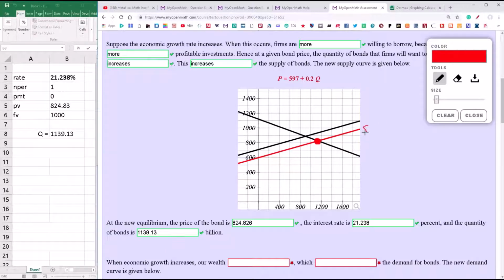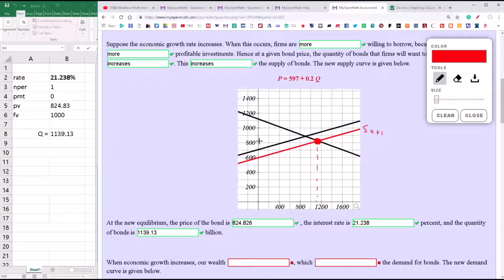The supply curve, not today, but in the future, one period. Let me erase that, do that a little better. Not today, but one period into the future. And then we drop straight down to get the new equilibrium quantity of bonds.